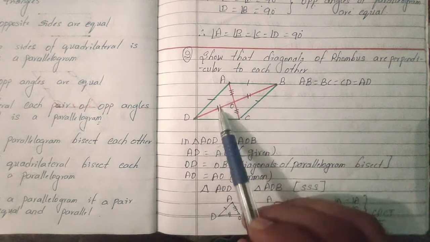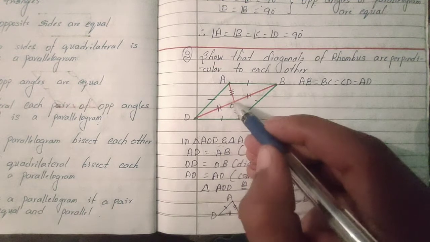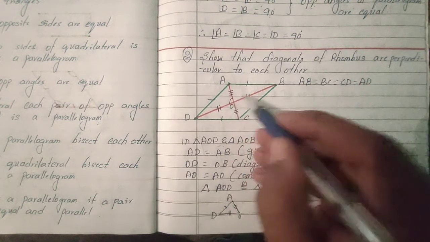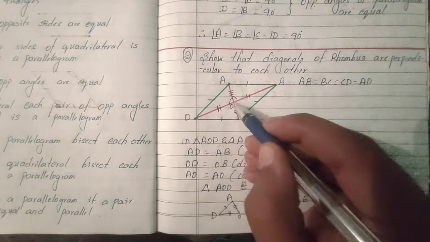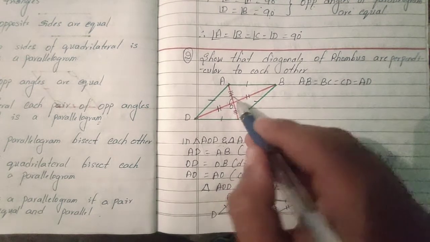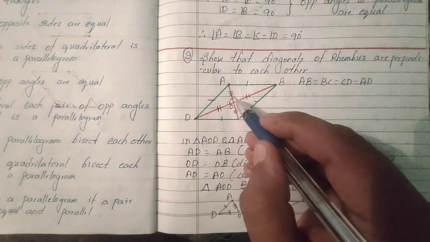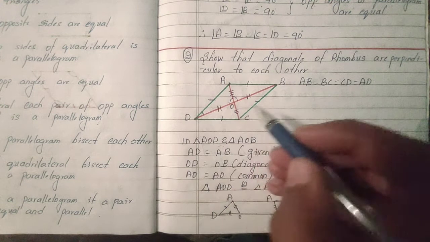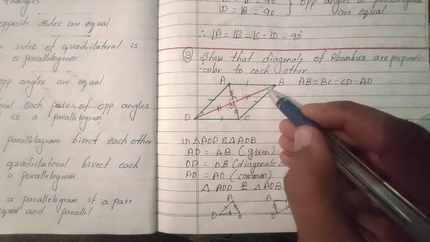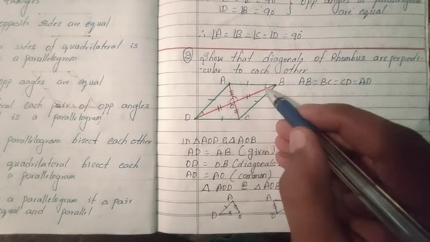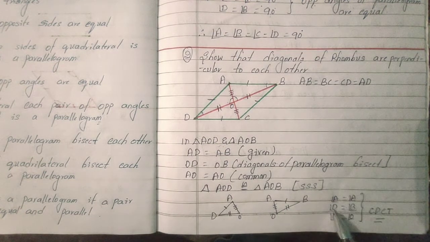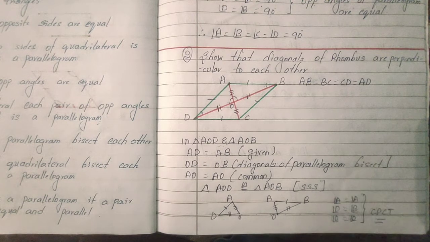Similarly, the second side and third side where they meet at O, so angle O, both are equal. 1 and 2 meeting at this point, angle D, and 1 and 2 meeting at angle B, these 2 angles are equal. So angle A equals angle A, D equals B, O equals O. These are said to be CPCT.